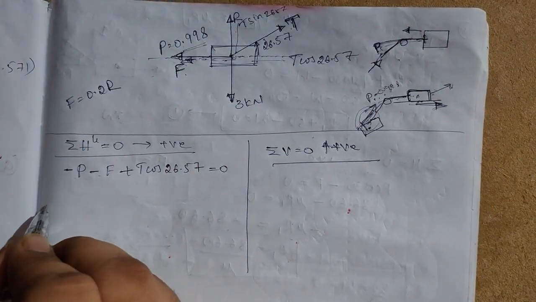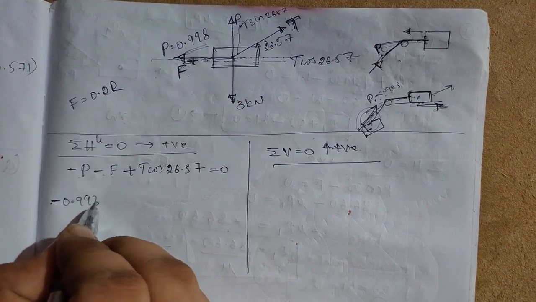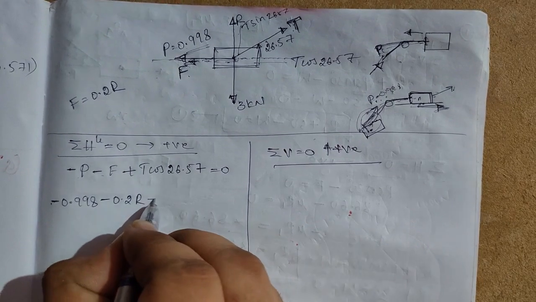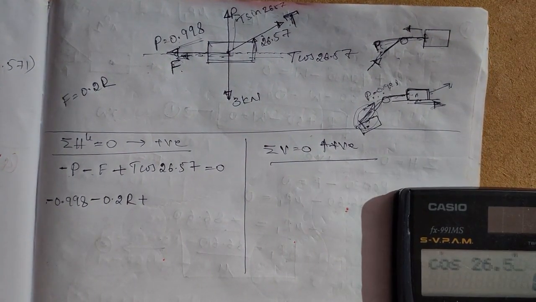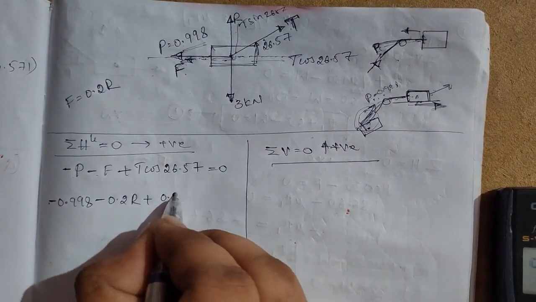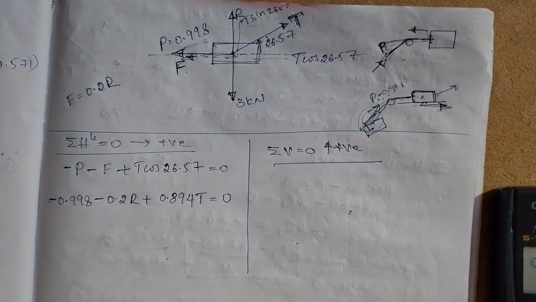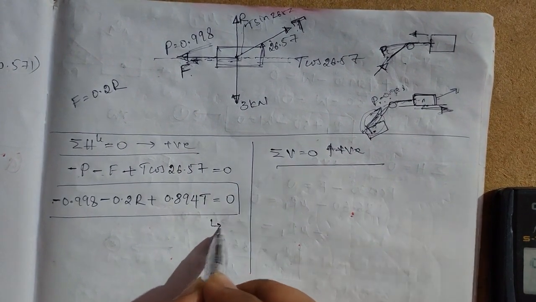So minus 0.998 minus 0.2 R plus cos 26.57 is 0.894, 0.894 T is equal to 0. So let this be equation number 1.